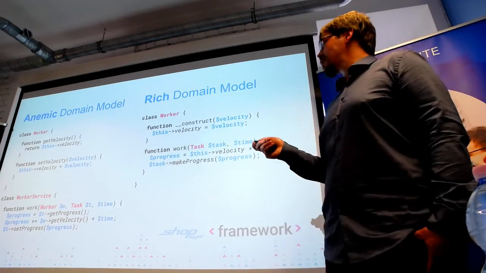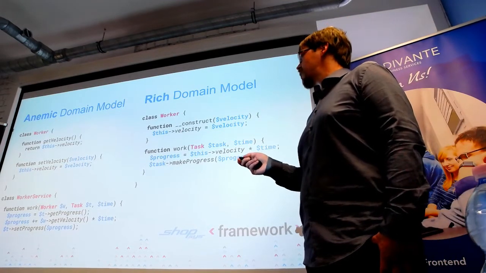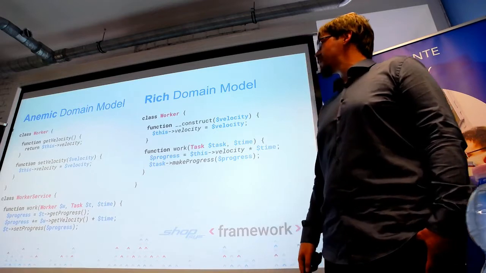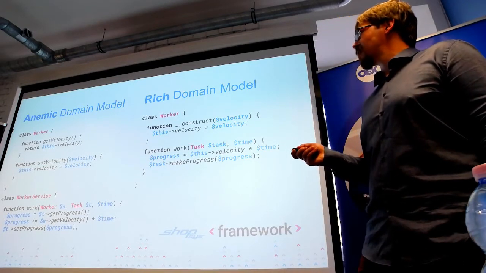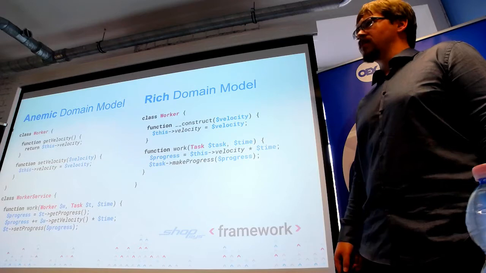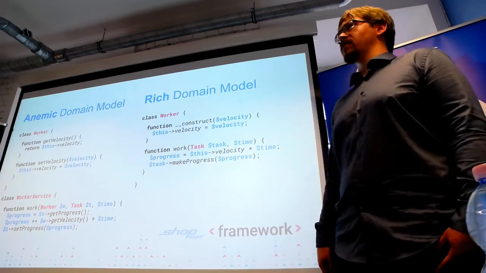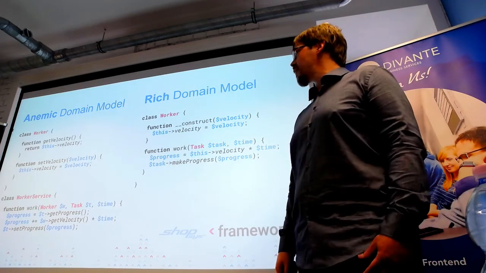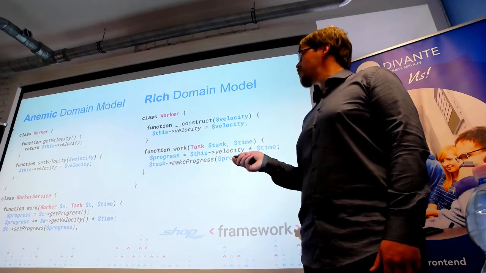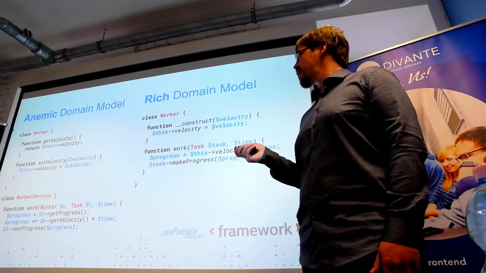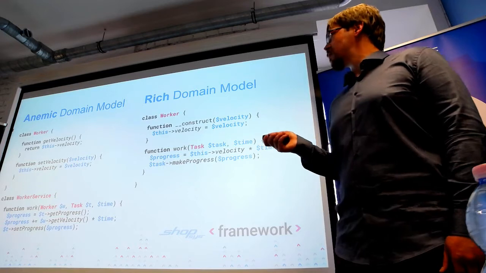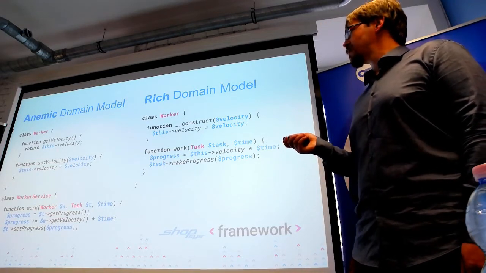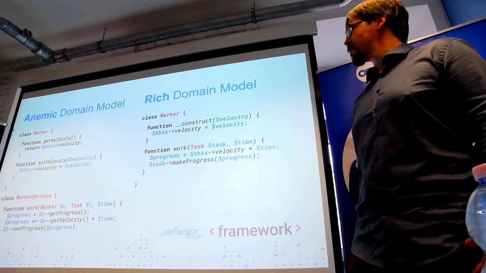I have here a pretty simple example. We have a class Worker that can do some work, and this class has a property velocity, which means how quickly this worker gets the work done. So in the anemic domain model, this velocity is published via getter and setter.